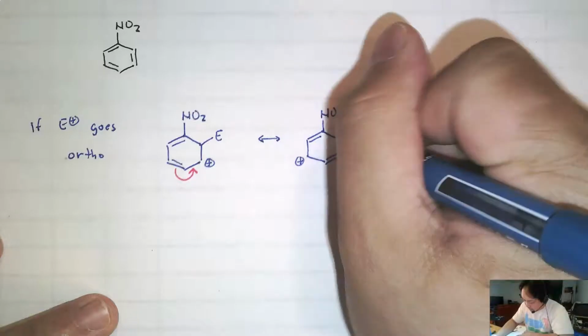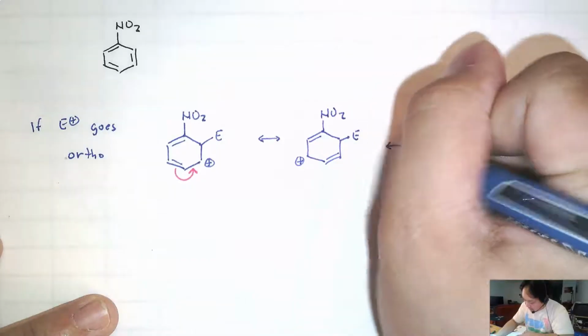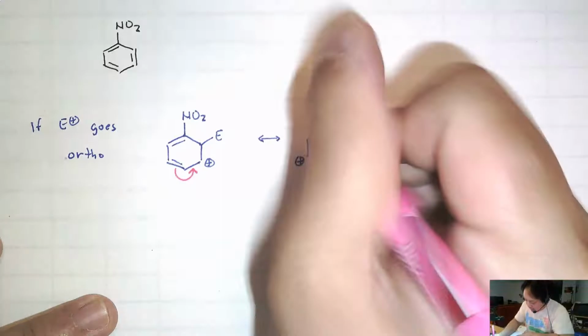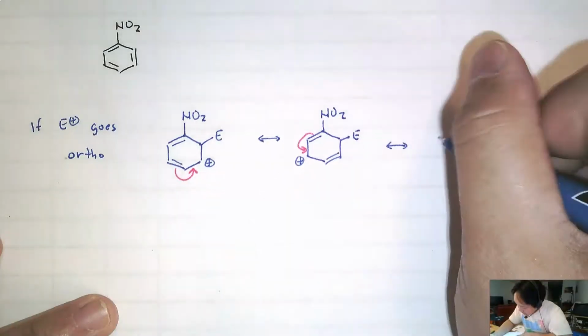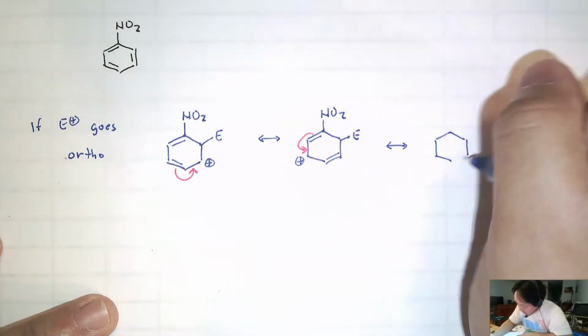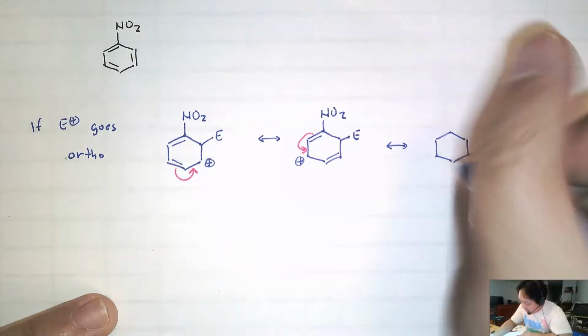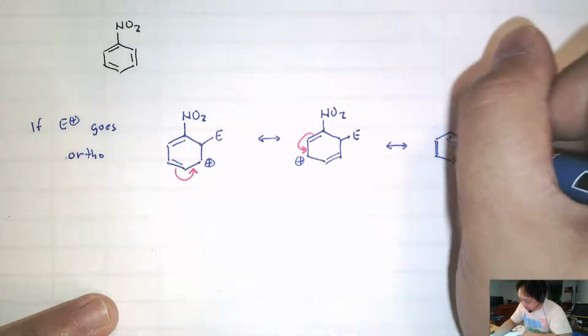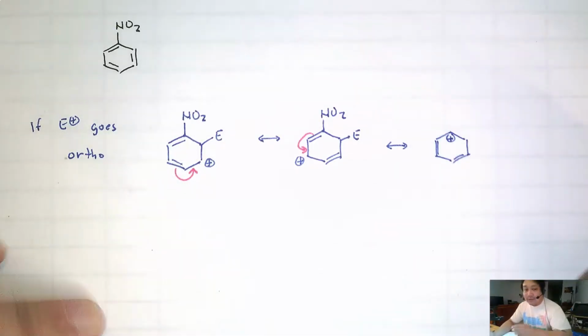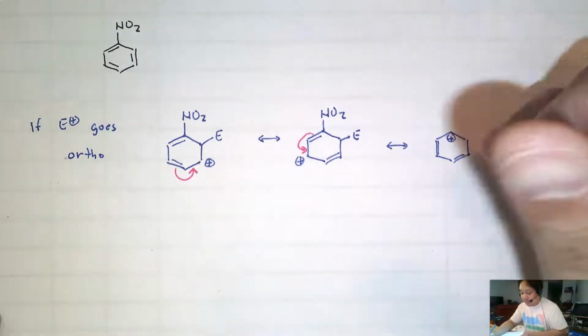Now, look how I'm going to draw the last resonance structure. Okay, we have those double bonds there. We have a plus charge here across the group. Now, if it was an electron donating group, this would be fantastic.